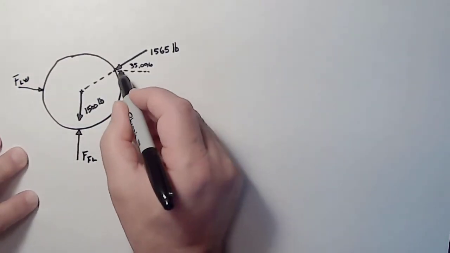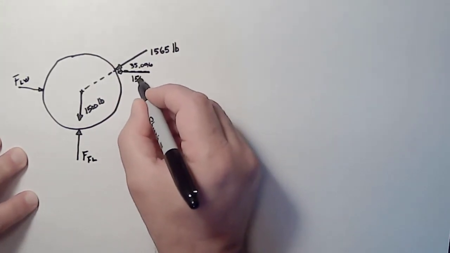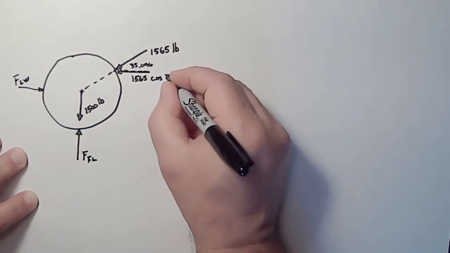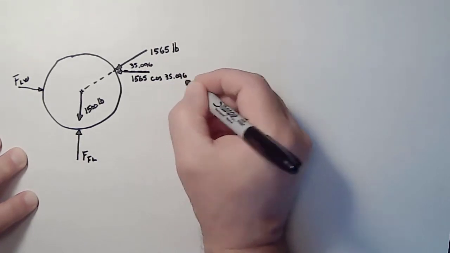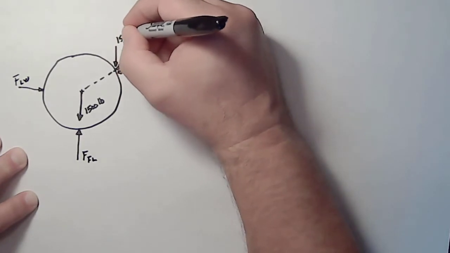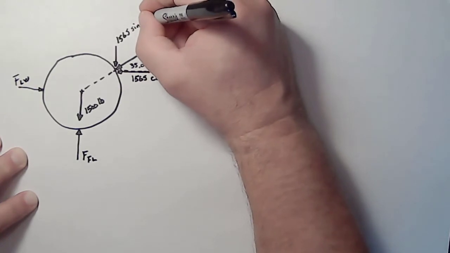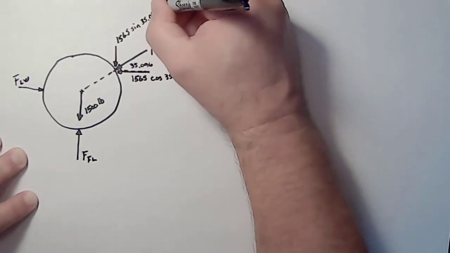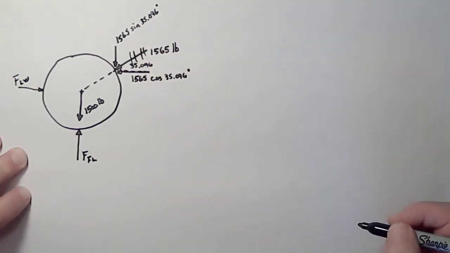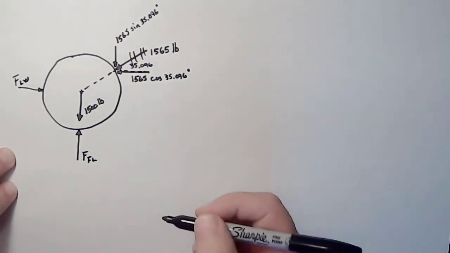Okay, again, this is now 1,565 times the cosine of 35.096 and 1,565 times the sine of 35.096. And of course that replaces this force. Everything else is already in the horizontal and vertical directions.